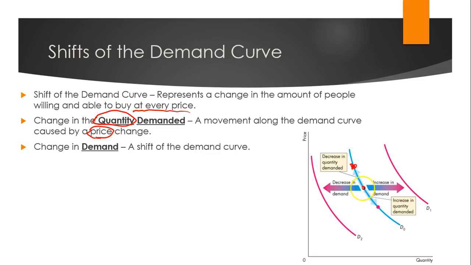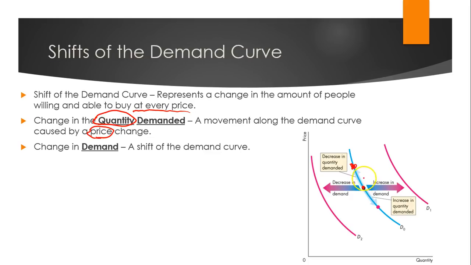If I go down the curve, my price goes down and my quantity demanded increases. So that word quantity is only caused by a change in price. When price changes, it's a movement along the curve, which we call a change in quantity demanded. Now, the shifters, which we're going to talk about for the rest of these notes, cause a change in overall demand.